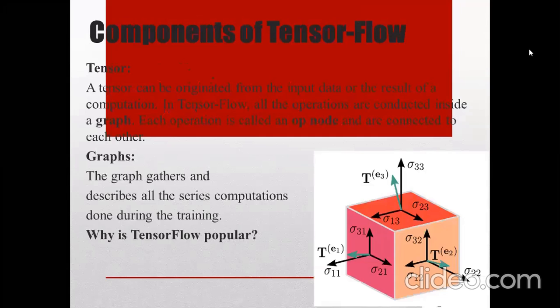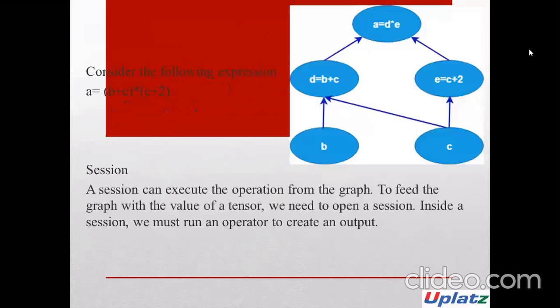Okay, so let's go to the next slide. You will have an example there. We have an expression where A equals B plus C multiplied by C plus 2. When we split this expression, what is B plus C?